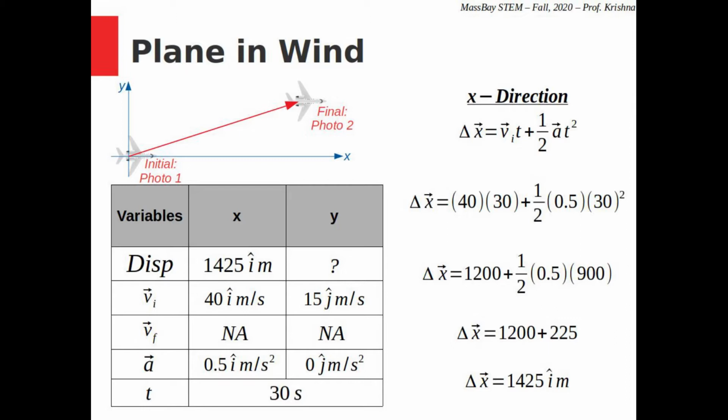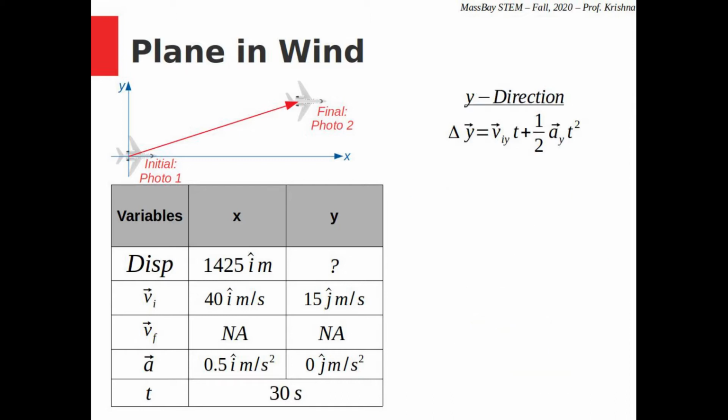In the y direction, we are again looking for displacement, and we know initial velocity, acceleration, and time. Again, we use toolbox equation number 2. We substitute the knowns and solve for the displacement.